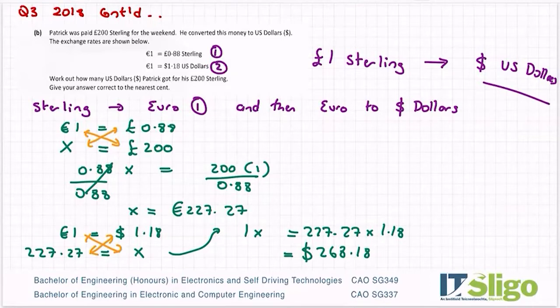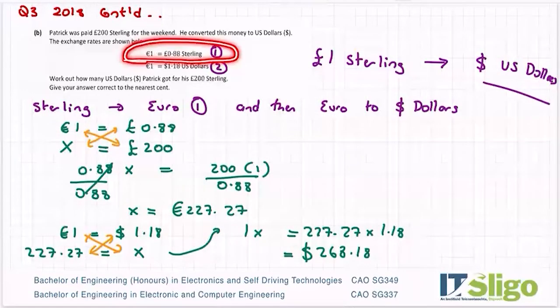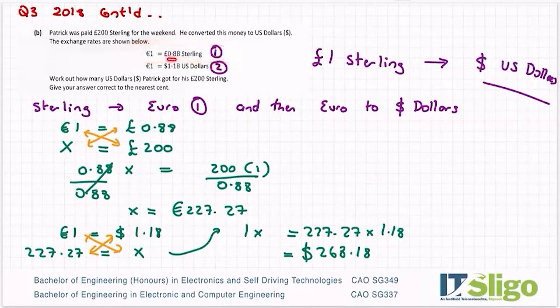The other way of doing it is what I tend to describe as more of a common sense way. If you're used to going on holidays, then you will have a feel for exchange rates, or if you see the pattern in numbers, you will have a feel for exchange rates. So let's have a look at this exchange rate here. €1 is equal to 0.88 sterling.